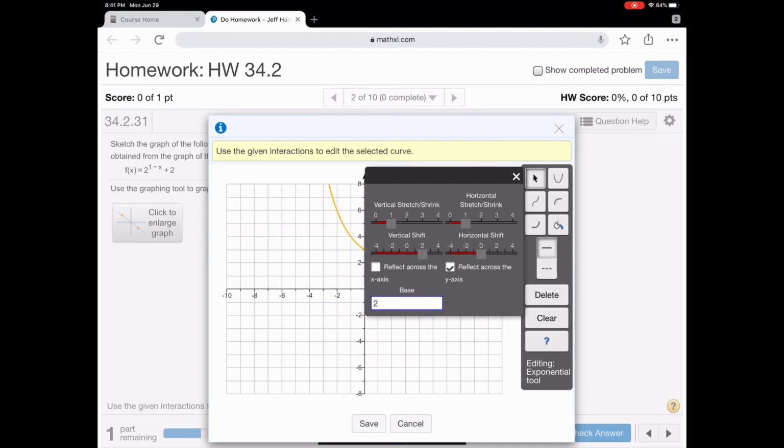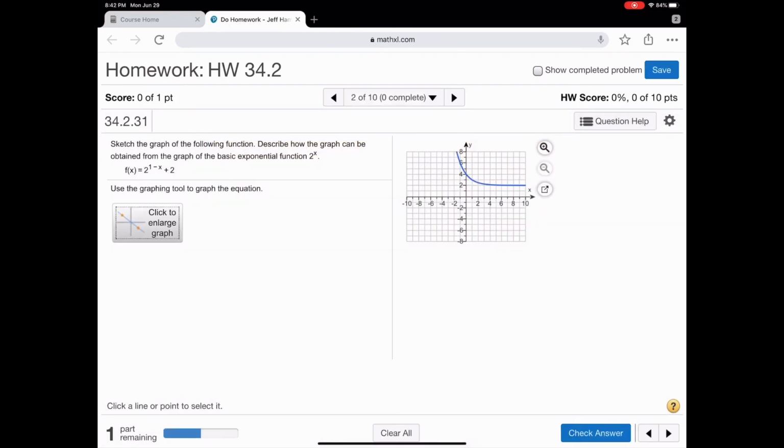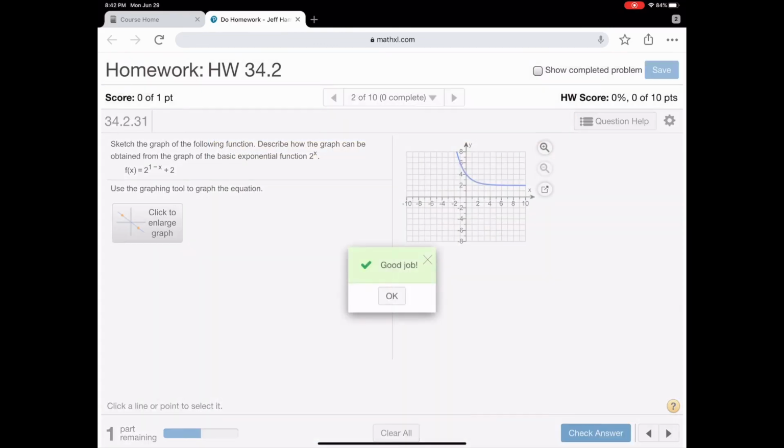And then we want to horizontally shift it 1 to the right, like that. Okay, I think that's good. Let's try that. Oh, it liked that. Good. So hopefully that helps you in determining how you can use the graphing tool to show the exponential functions.